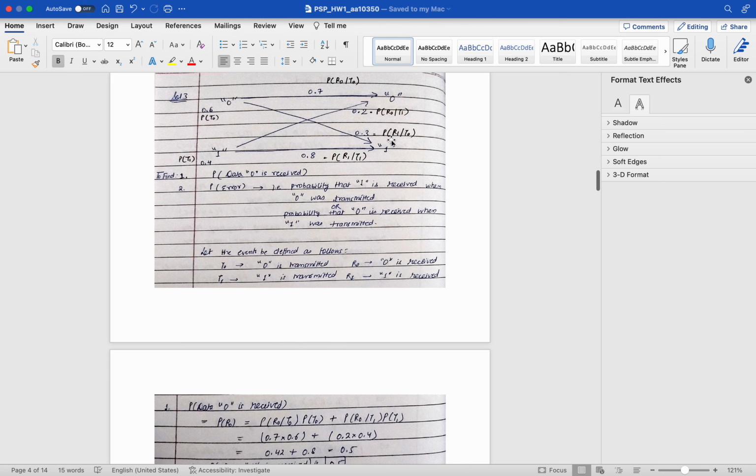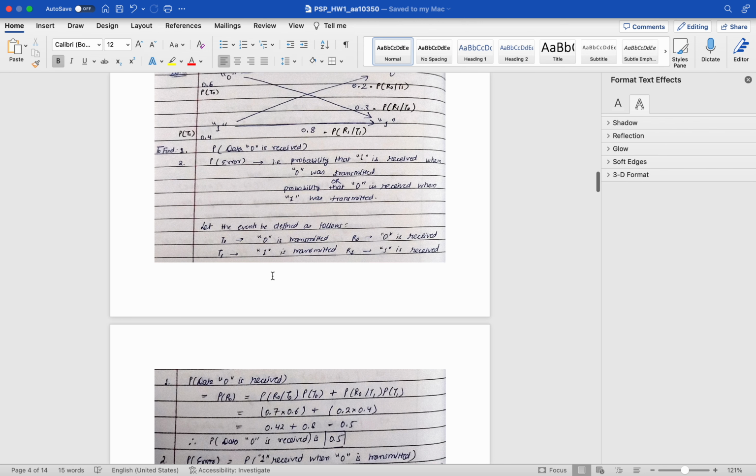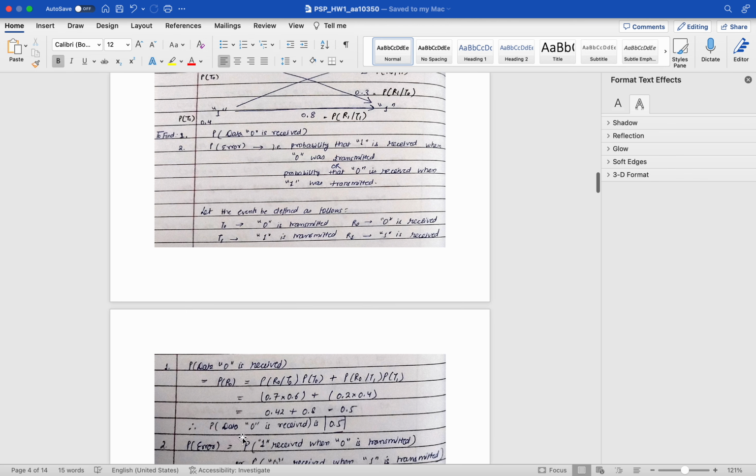In the second scenario, the probability that data 0 is received when 1 was transmitted will be P of R0 given T1, which is the probability that 0 is received given 1 was transmitted, times the probability of T1, which is the probability that data 1 is transmitted. So we'll sum these two scenarios up and we get the probability that data 0 is received is 0.5.